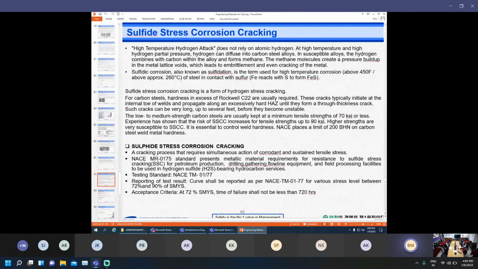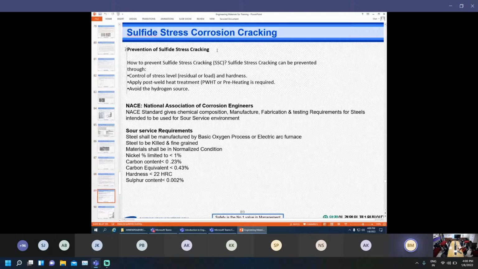Now for sulfide stress cracking, there is an international code and standard, NACE MR0175, for offshore. It gives a guideline on how to use the material, and what properties the material should have if you are using it for H2S service. How do you reduce or prevent sulfide stress cracking?